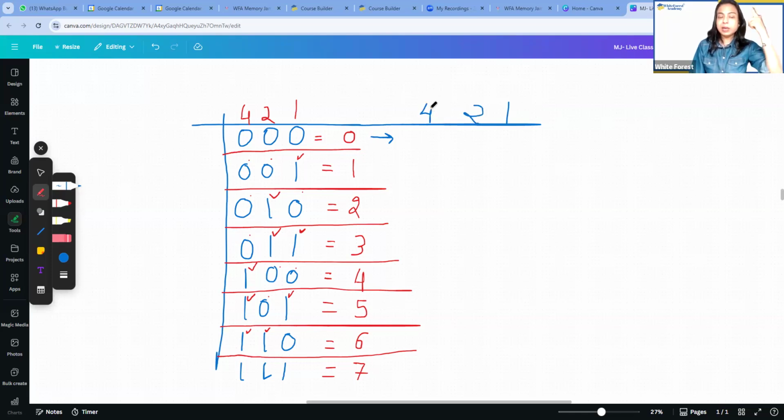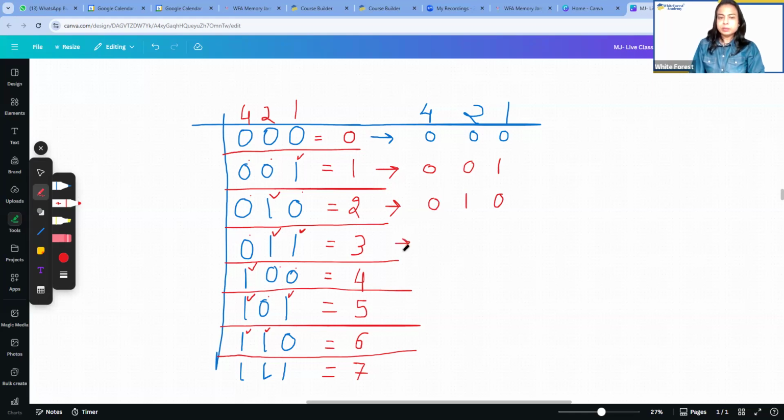Now we just need to mentally calculate. For zero, where should I place zeros? I will place zeros all over the place: 0, 0, and 0, right? What about 1? Where will I put 1? I will put 1 only here. Rest it will be 0. So it becomes 0, 0, 1. What about 2? Only in the place of 2, we are going to write 1. So this will be 0, 1, and 0.